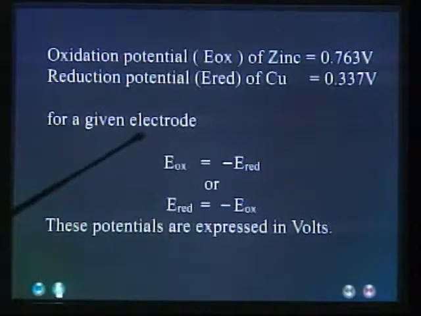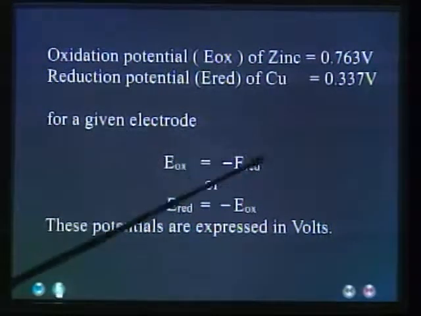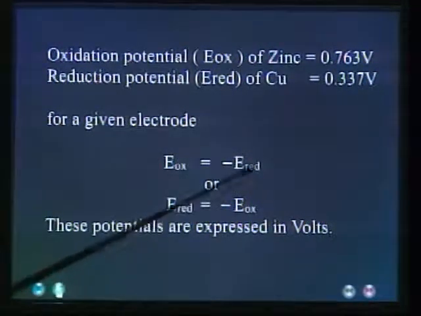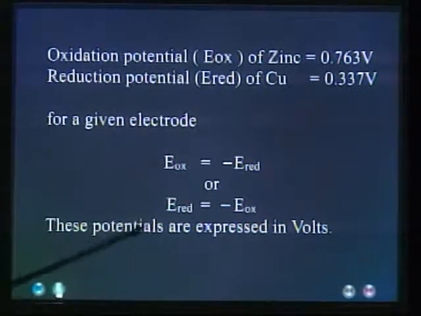For a given electrode, the oxidation potential can be converted into reduction potential, or the reduction potential into oxidation potential, by using the two equations. The electrode potentials are expressed in volts.